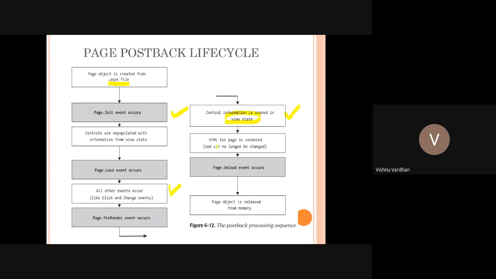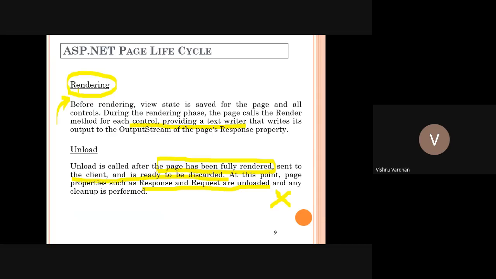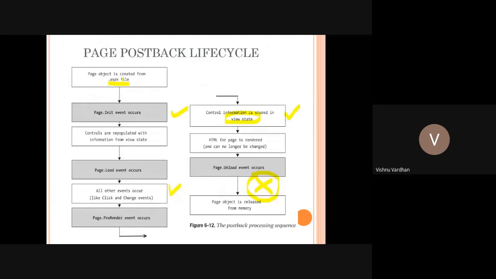Then finally the HTML page is generated, and after unload the response is sent to the user and the memory is cleaned up again. So the same thing we can understand from the previously given methods. Exactly this is the sequence in which every page is loaded again and again.